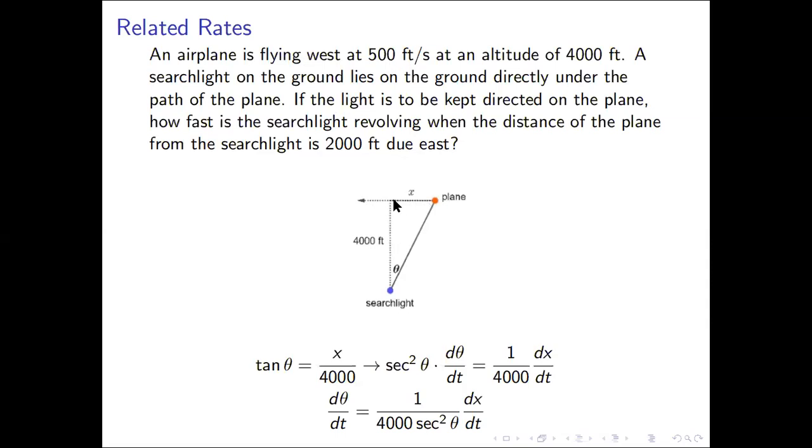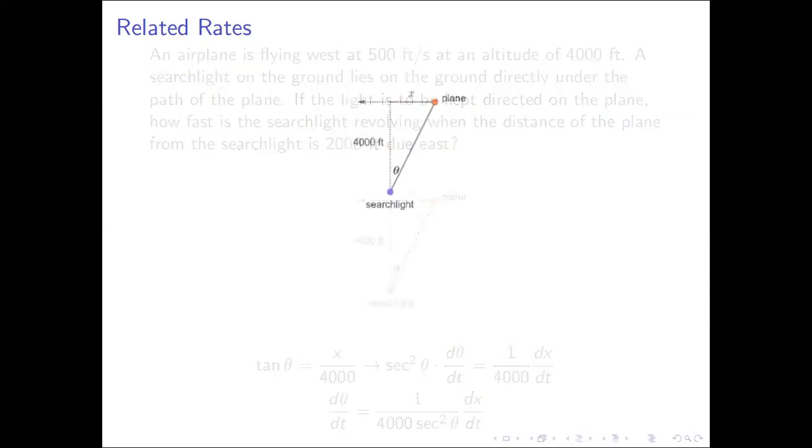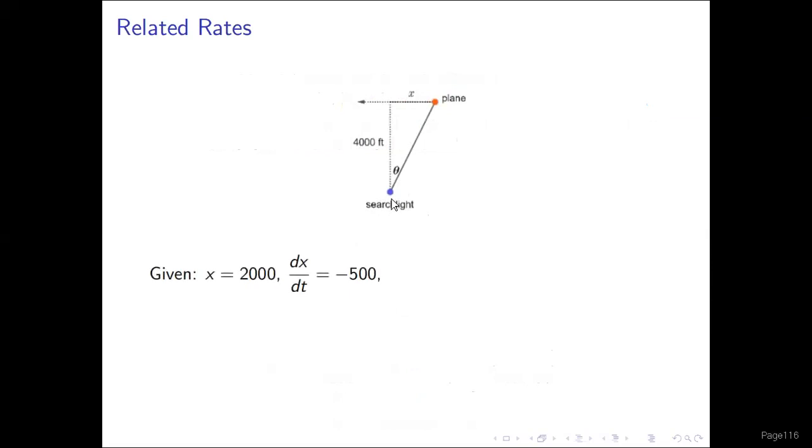And if x is this horizontal distance, then we know that this x is decreasing. So we assign a value of dx over dt equals negative 500. Flying westward, so x is the distance from this point. Of course, if the plane is already here, x would be negative in value. Either way, x is decreasing.